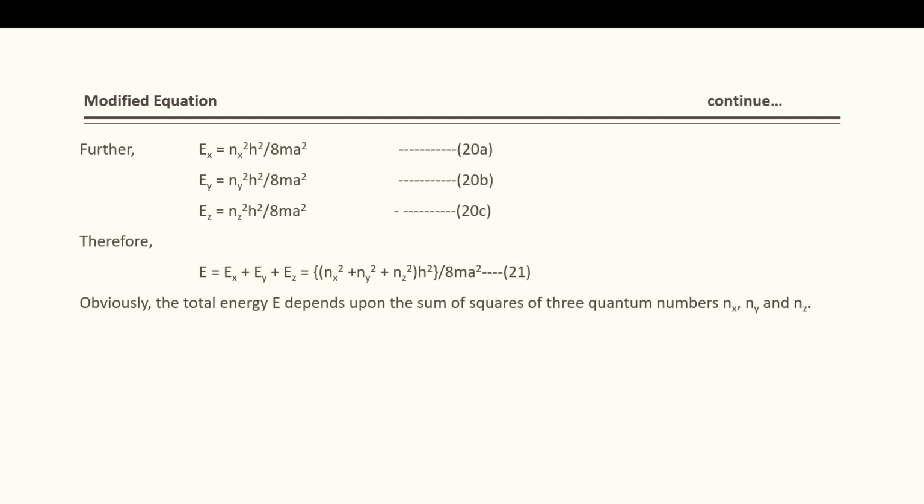You see, just like the 1D box problem, here the energies Ex, Ey, Ez depend on n square upon a square. And the total energy depends on the sum of the squares of the quantum numbers multiplied by h square divided by 8 m a square.